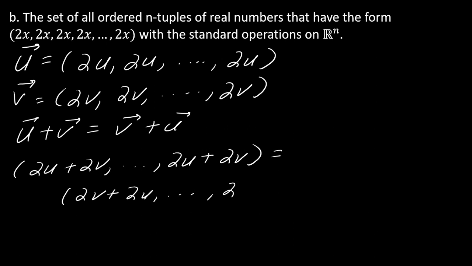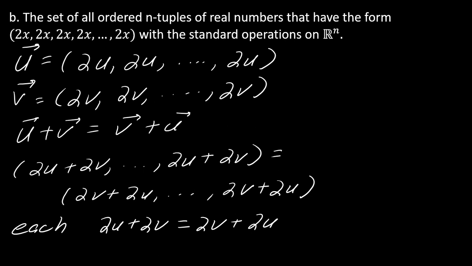The answer, of course, is yes, since these are real numbers at the end of the day. These are just going to be commutative, so these indeed are equal to one another. So 2u plus 2v equals 2v plus 2u. So you can say that axiom 2 holds. I'll make some space.